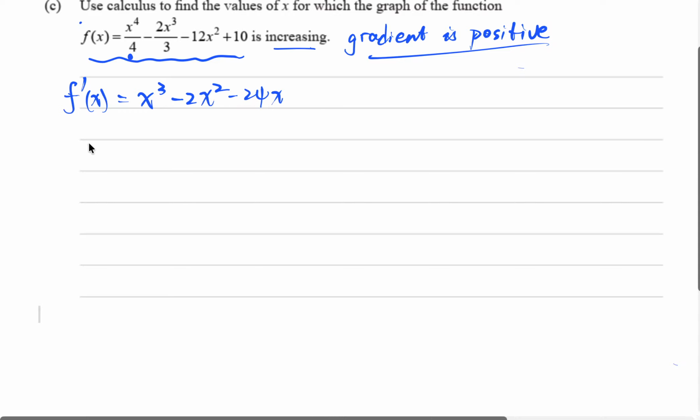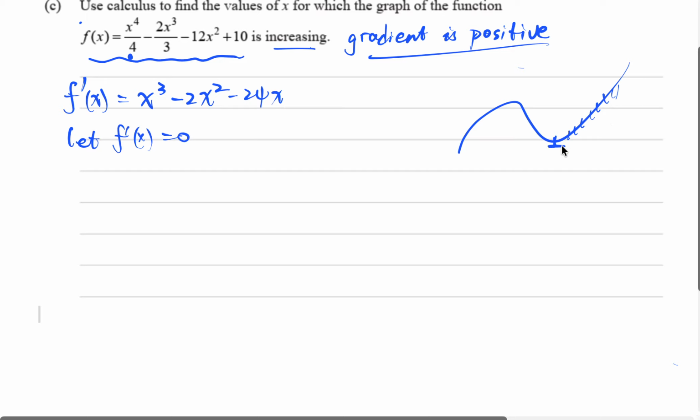That's it. So now I let the gradient function equal 0, because for most functions the graph always looks like this. We are looking for the increasing part, like here. This part is increasing, right?